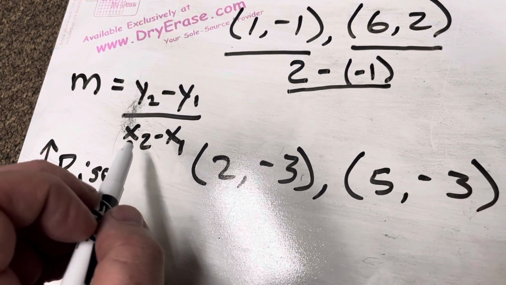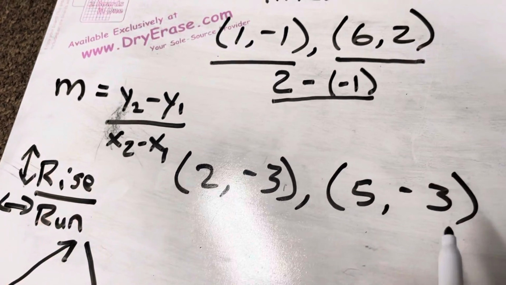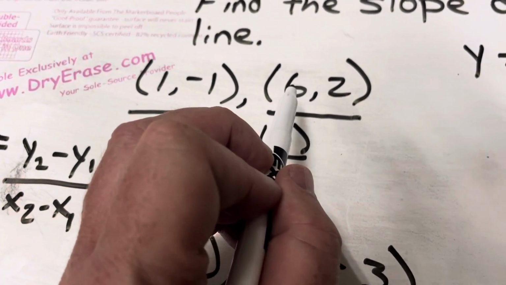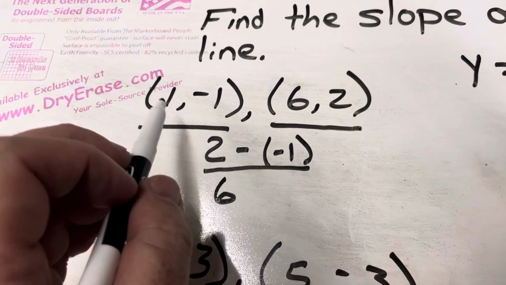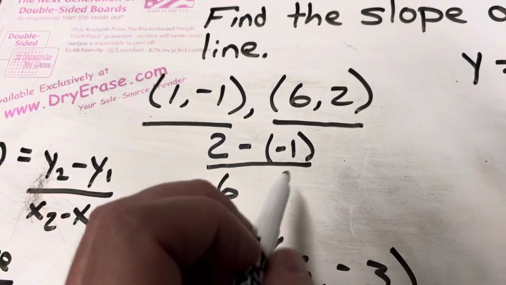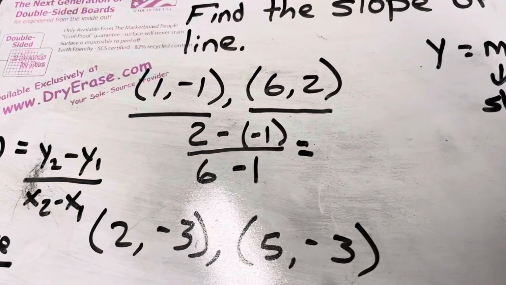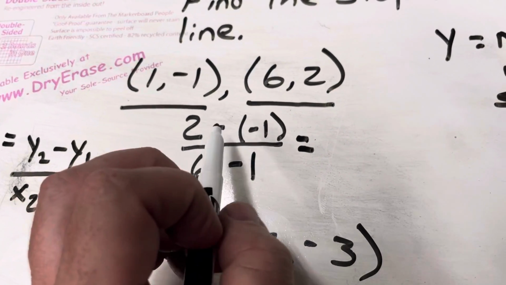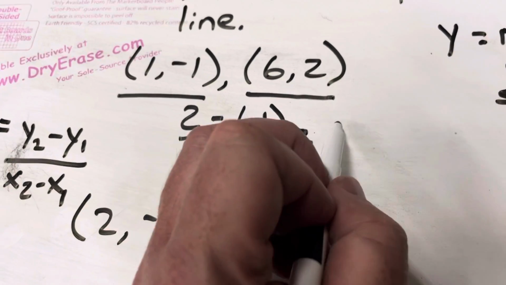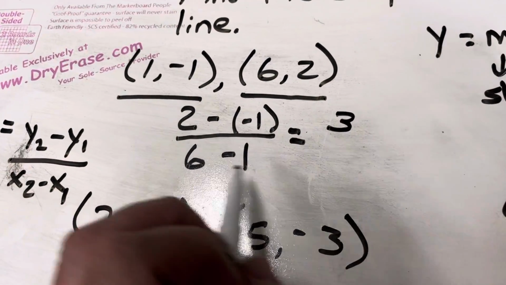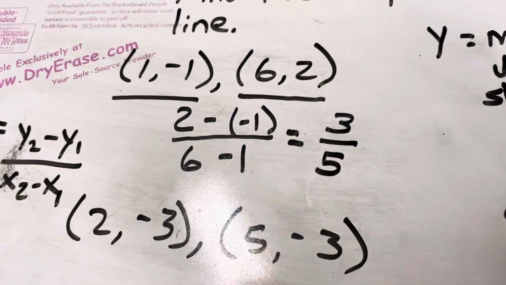That's being put over x2 minus x1. My x coordinate in the second ordered pair minus my x coordinate in the first ordered pair. My x coordinate in the second ordered pair is 6. My x coordinate in the first ordered pair is 1. If I need to, I can plug these into my calculator, but we want to remember when I subtract a negative, it's like I'm adding. So 2 plus 1 is 3. 6 minus 1 is 5.